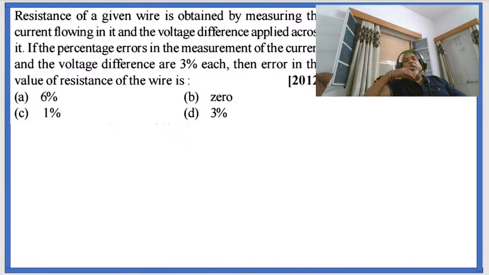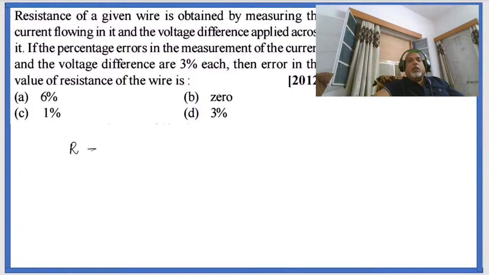If the percentage error in measurement of current and voltage differences are 3% each, then error in the value of resistance of the wire is also a very simple question, like the previous one.